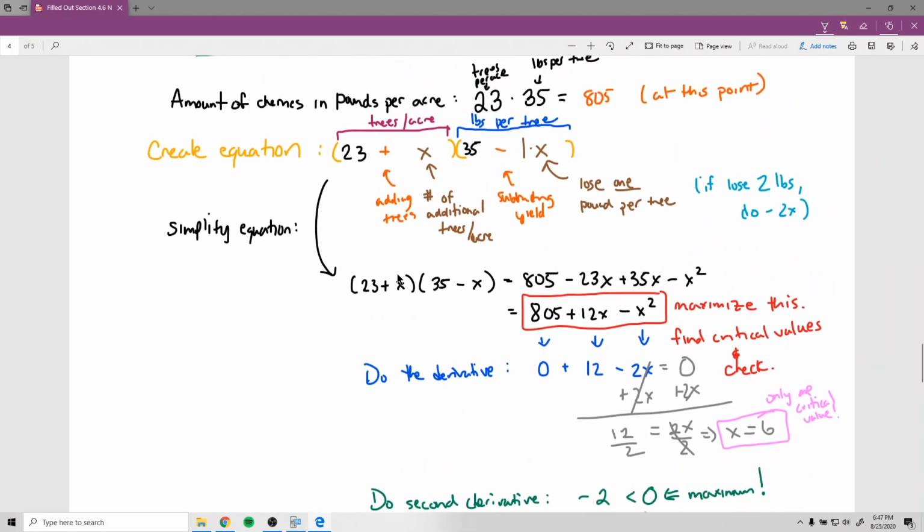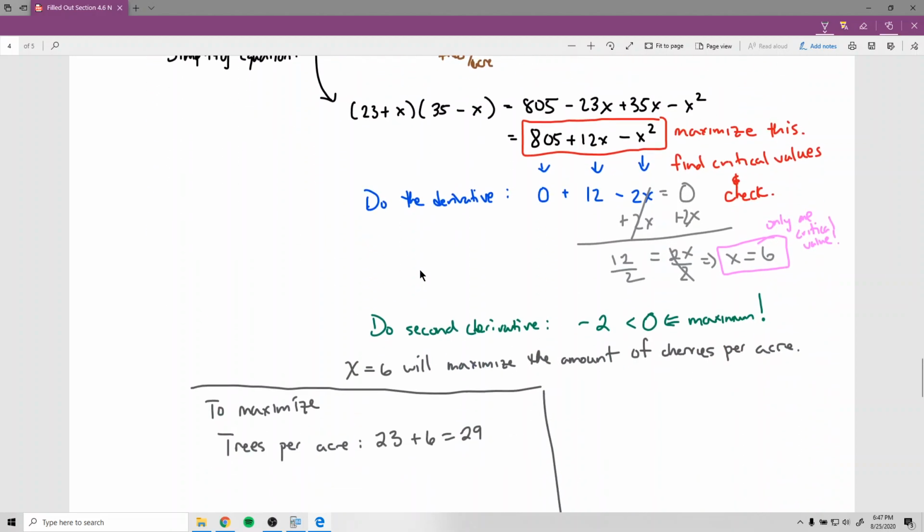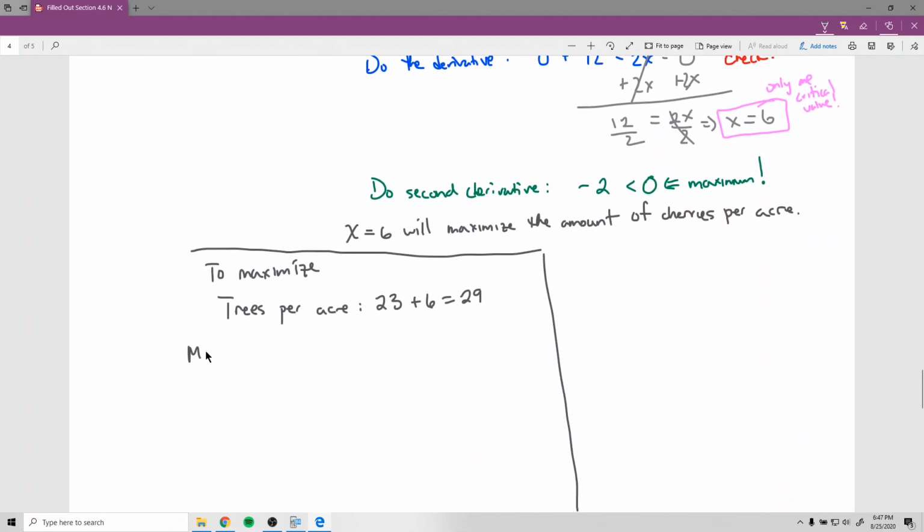And the maximum yield is not the pounds per acre, so don't plug it into just here. It's the whole thing. This whole equation is the yield equation. We want the maximum total.